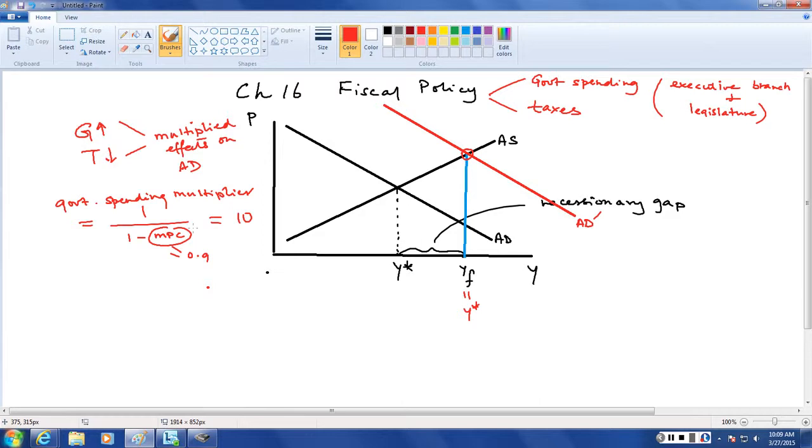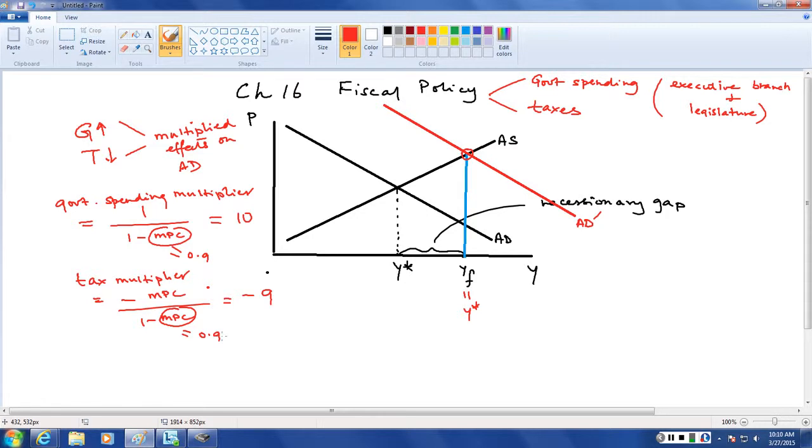Right? What is our tax multiplier equal to? Negative MPC divided by 1 minus MPC. So once again, if we work with an MPC of 0.9, this will give us a value of negative 9, which is to say that if the government raises taxes by $1, AD should reduce by $9.